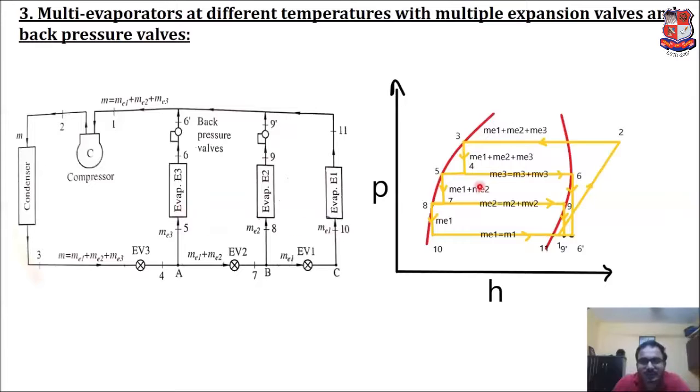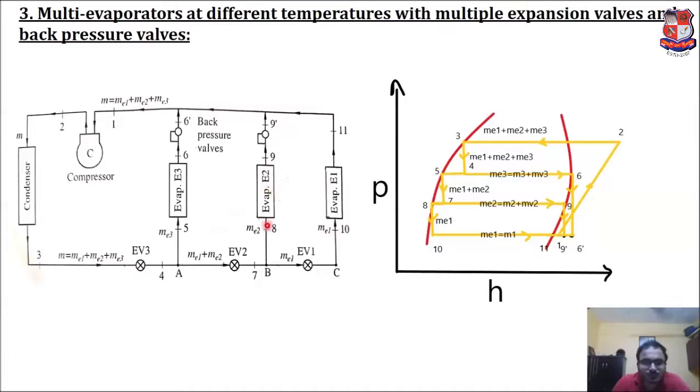So this Me3 is equal to M3, which is the liquid refrigerant which is passing, plus MV3, this MV3 you need to focus here. M3 is the liquid refrigerant plus MV3 is the vapor which is formed during EV3. So that is this part 5 to 6.